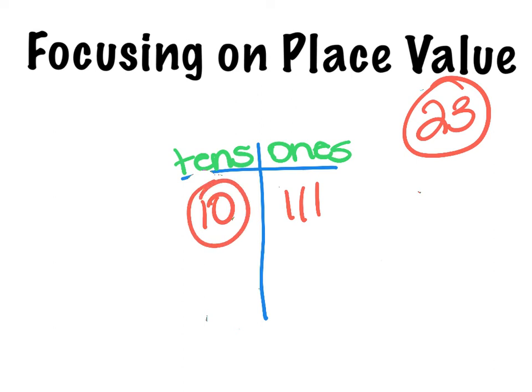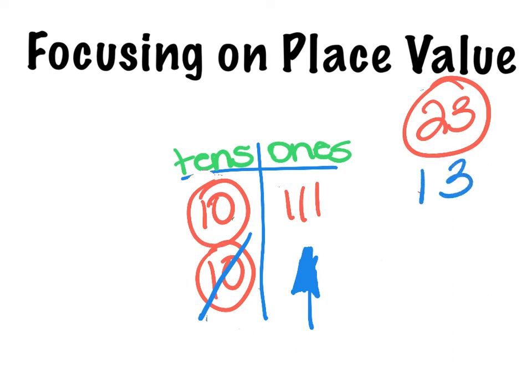So we have our two groups of 10. So if I ask the students, well, what would be 10 less? We're not going to focus here, not in the ones place, because they know we're looking in the tens place. Well, less means that I'm going to remove one group of 10. So 10 less would be the number 13.